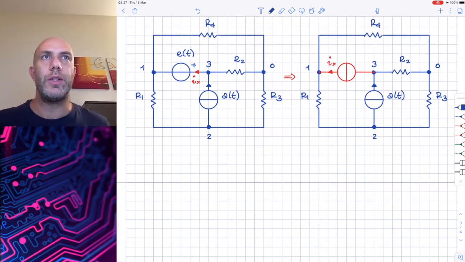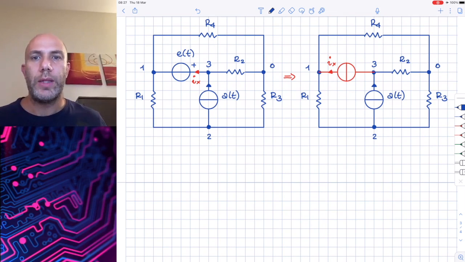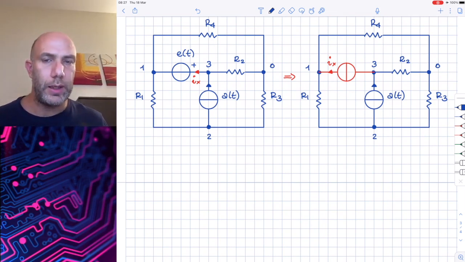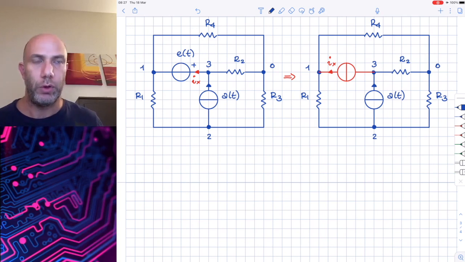If we consider this second circuit, we can try to calculate the solving matrix by inspection of the circuit, by using the consideration that we have done before.